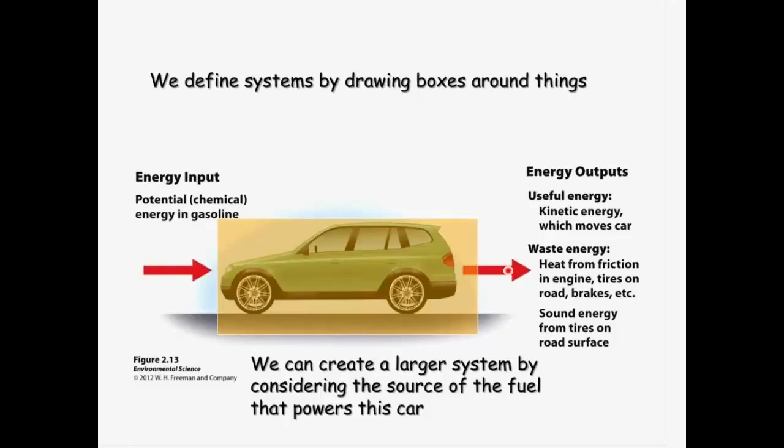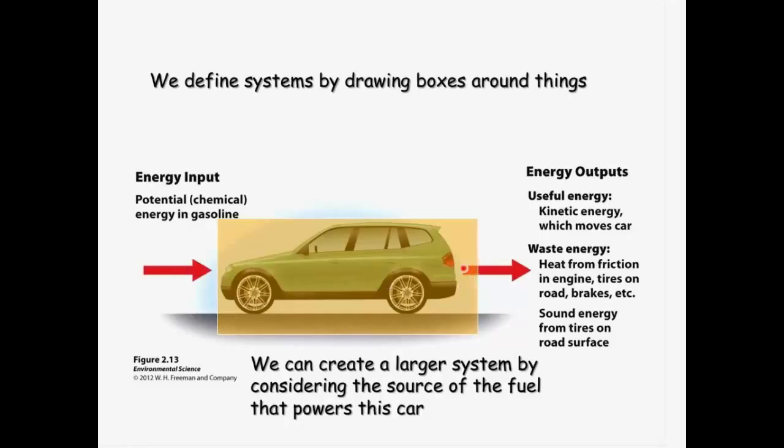And very often that is limiting yourself and limiting your understanding, your analysis, to just include this. So we might want to create a larger system that goes way back here to the left and off the screen that talks about where the fuel came from, where the gasoline came from, and how we got it to be able to put it in the gas tank.